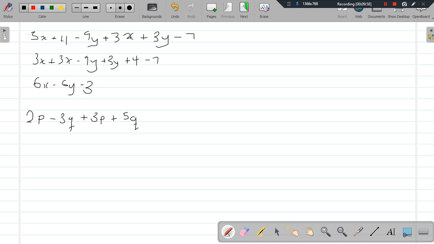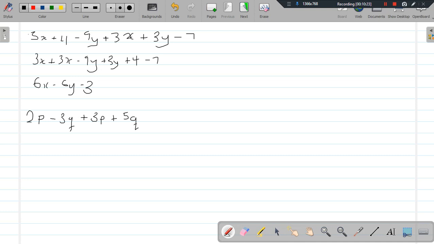If there are p with the same degree of power, then we group them as one term. If there are q with the same degree of power, we also group them as another term. Please, this negative is not affecting the 2p, it's rather affecting the 3q. Please, let's take note of that.